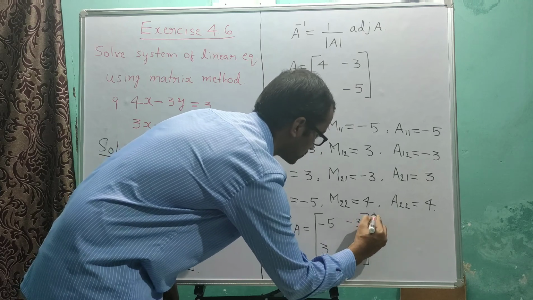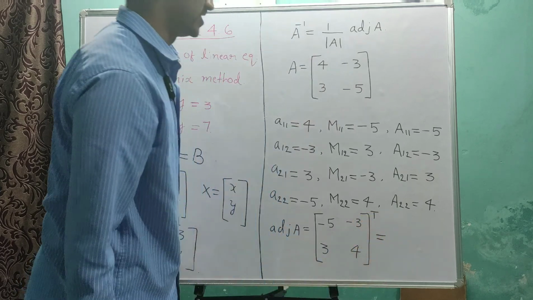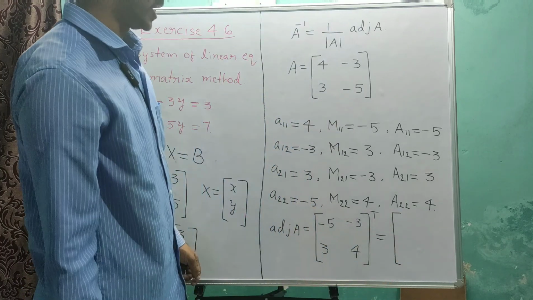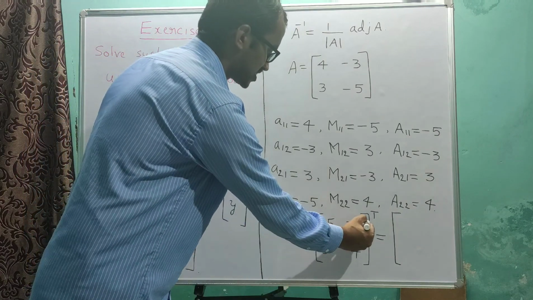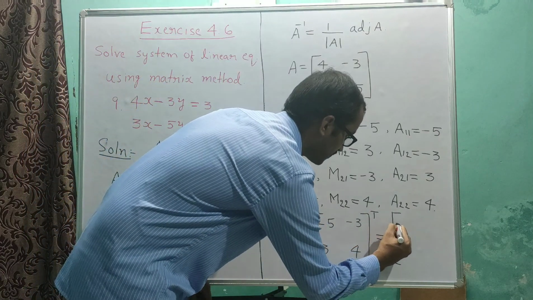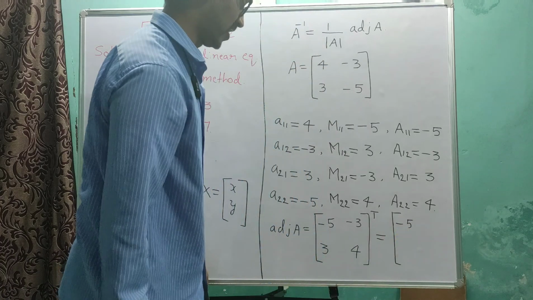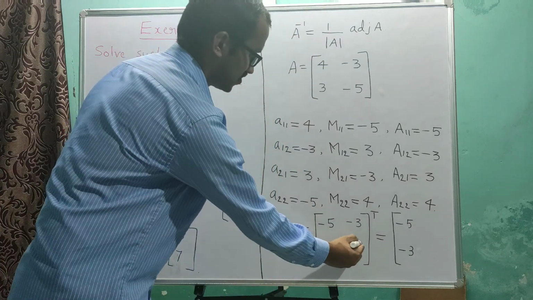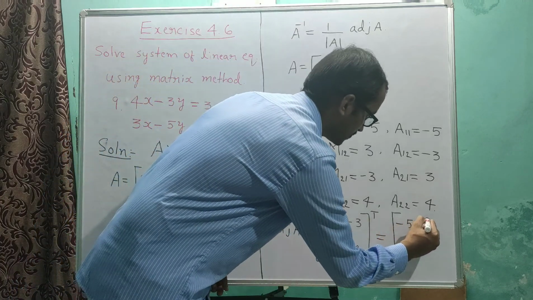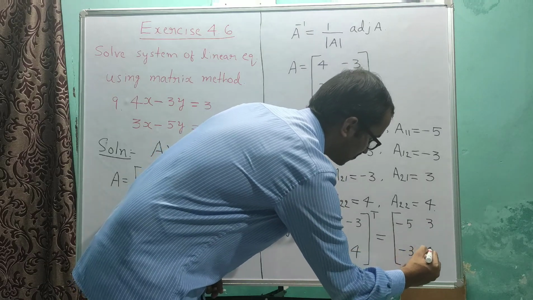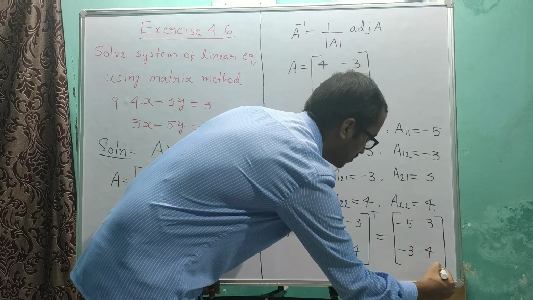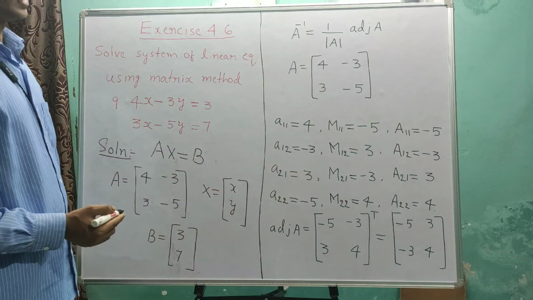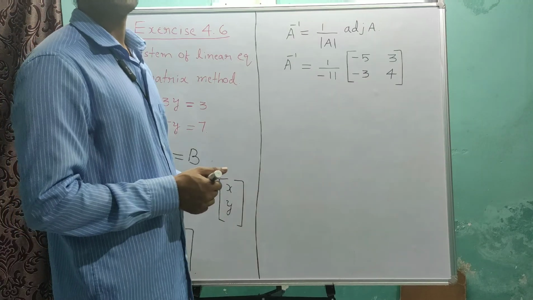Its transpose: transpose means you have to interchange rows and columns. So write the first row as the first column, so the first column becomes minus 5, minus 3, and the second row as the second column, so that is 3, 4. So this is the adjoint of the coefficient matrix A.